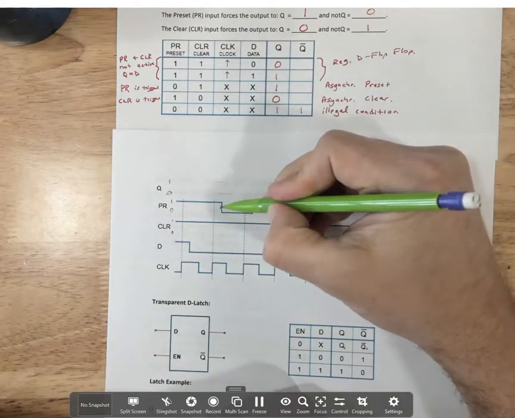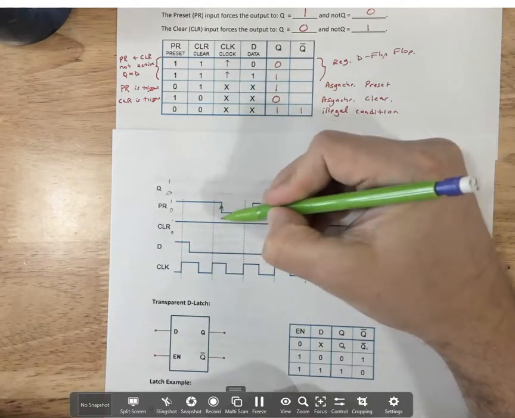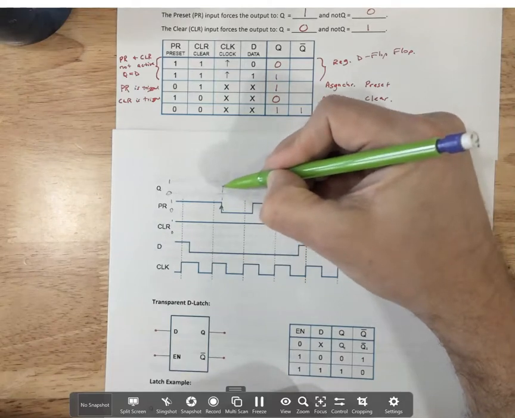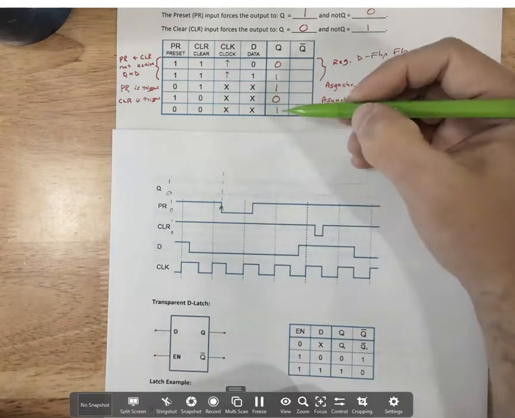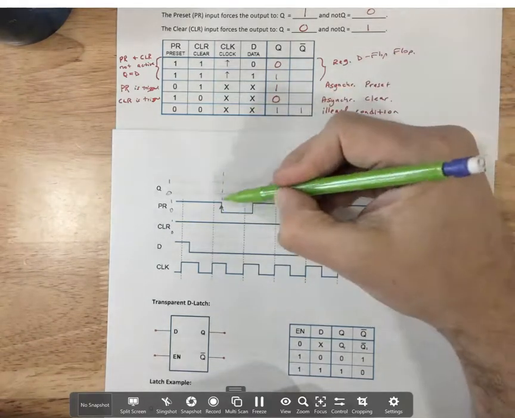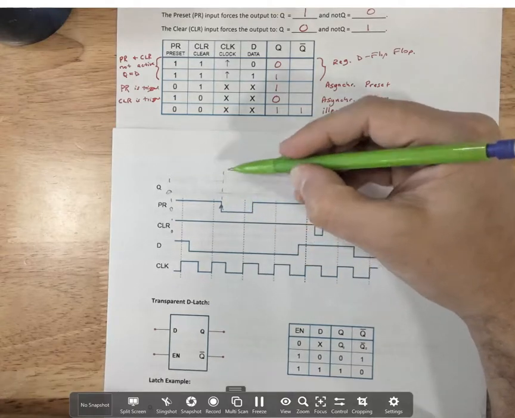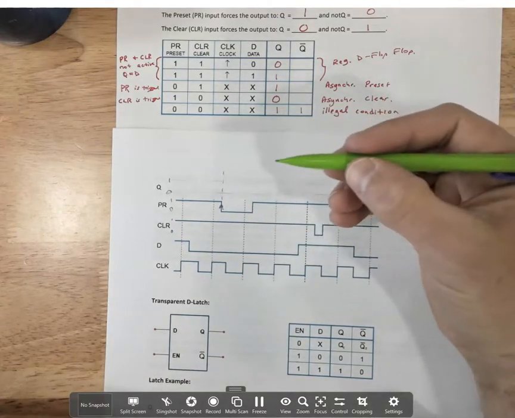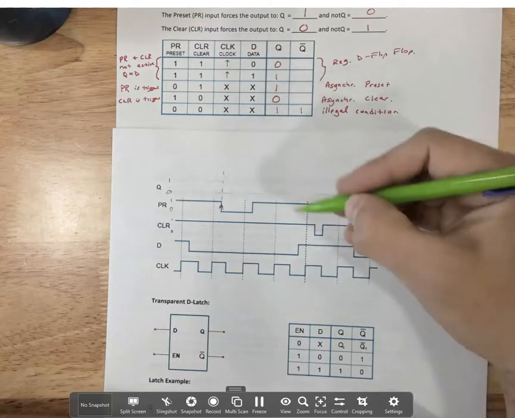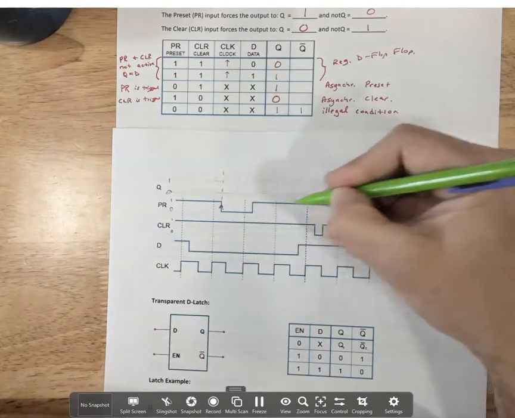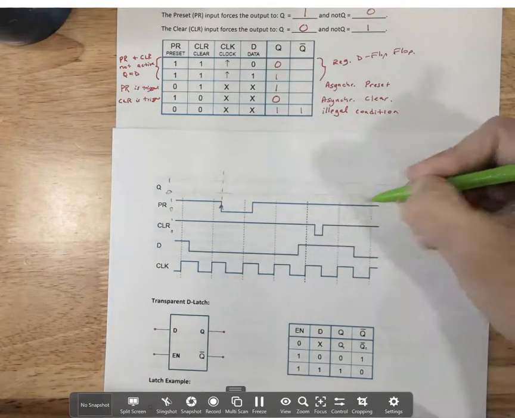But right here, preset goes low, it's active low. That's going to be another place that I need to worry about what the output is going to do right there, because it activates, right? Okay. And then clear, looks like that one goes back high, eventually stays high the whole time.